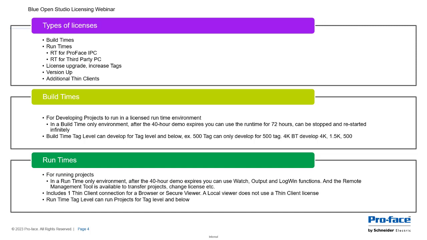The runtimes always include one thin client connection for a browser or secure viewer. Okay. And do note that the local viewer does not use up a thin client license. So you can effectively have your local viewer, say a built-in screen on a PC, and that does not consume that thin client license. Okay. And then it's the same thing as the build time: the runtime tag level can run projects for its own tag level and below.